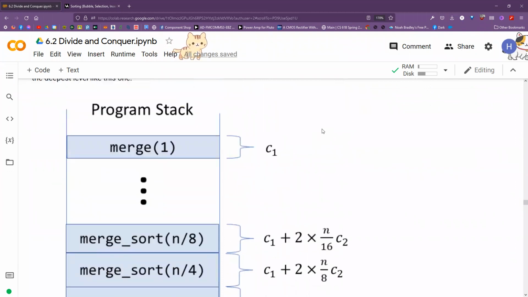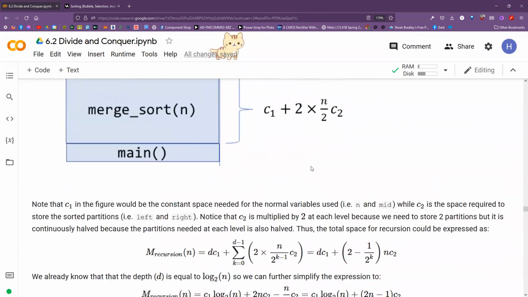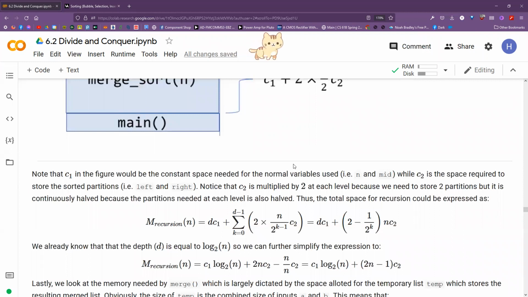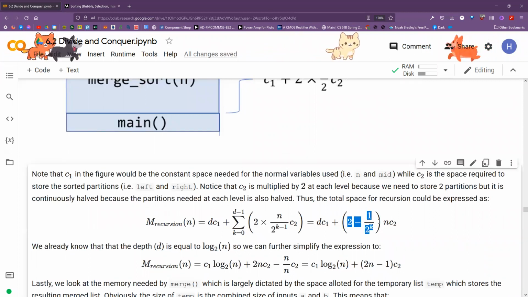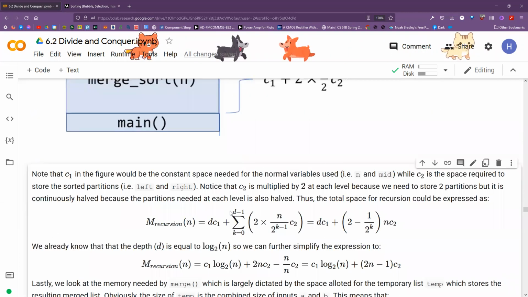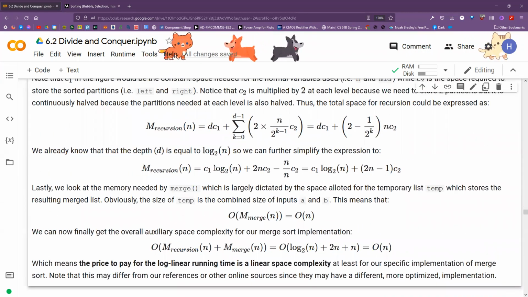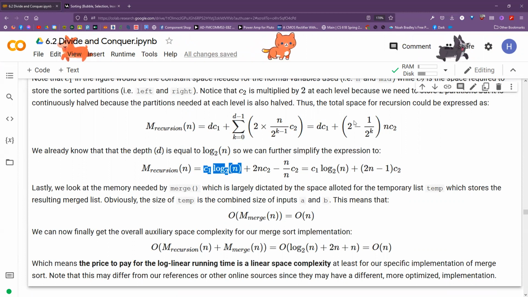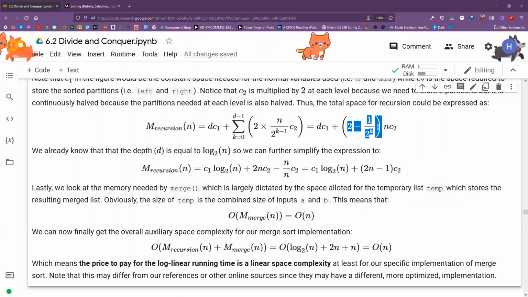And then eventually magiging wala, or I guess very approximately 0. So this term simplifies to 2 minus 1 over 2 to the k. And then yung d natin dito is just equal to the depth na nakuha natin previously, which is log n. So yung C1, dC1 is magiging C1 log n. And then yung 2 to the k natin dito becomes n.